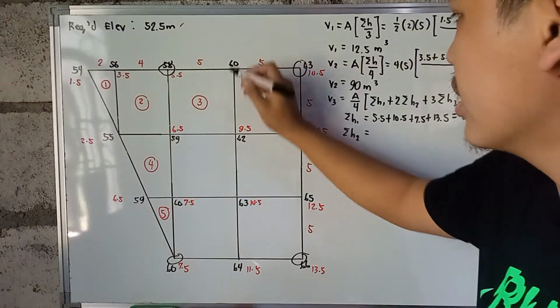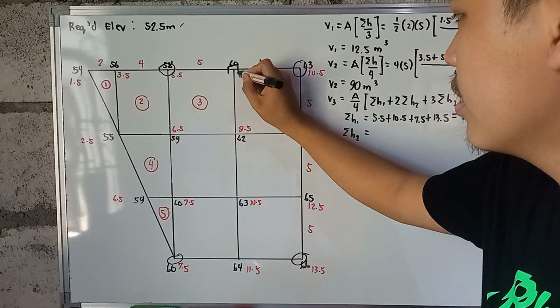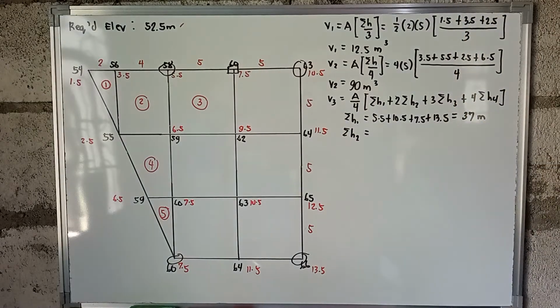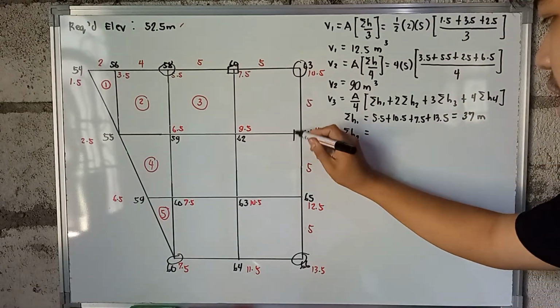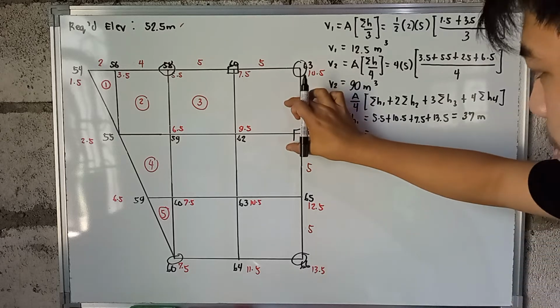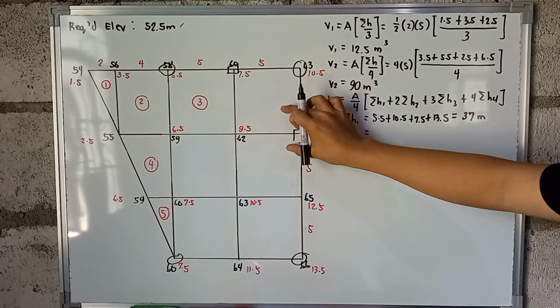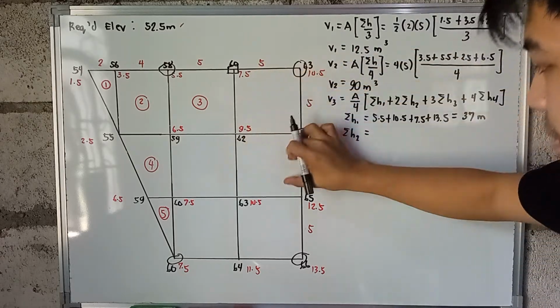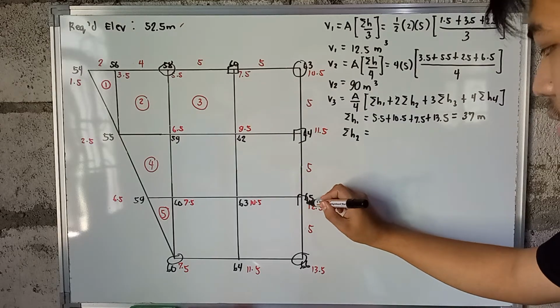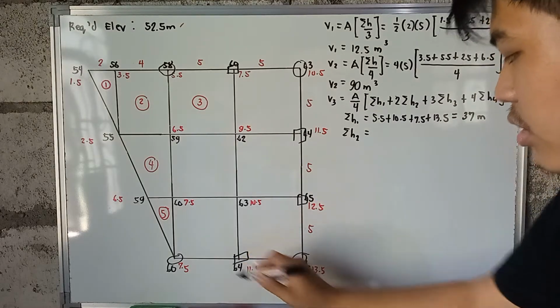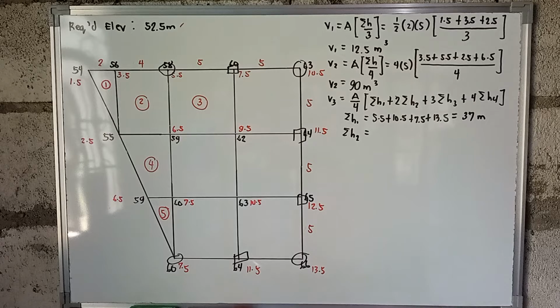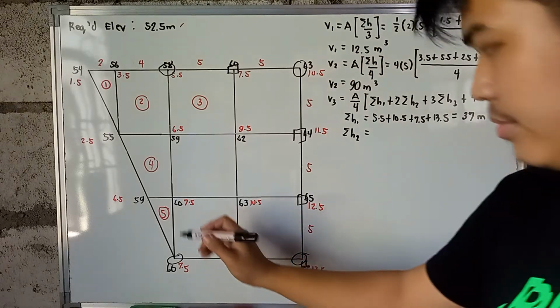So, etong 7.5 na to, that is H sub 2. Eto, H sub 2 kasi nga common siya sa dalawang prism na parehas yung base na 5x5, 5x5. So, eto din. So, etong box na to, yun yung denoted by yung H sub 2 natin.